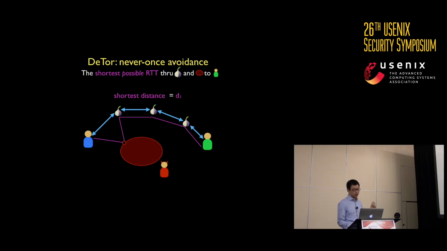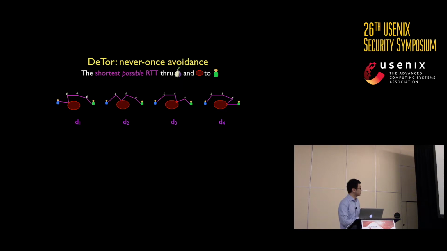And there are other 3 different legs over which this packet could have traversed the region. So we have other 3 different cases. We assume the shortest distances to be D2 to D4. And simply, the shortest possible round-trip time for the packet to traverse the region we want to avoid and over the circuit will be 2 times the minimum of all such distances divided by the speed of light.